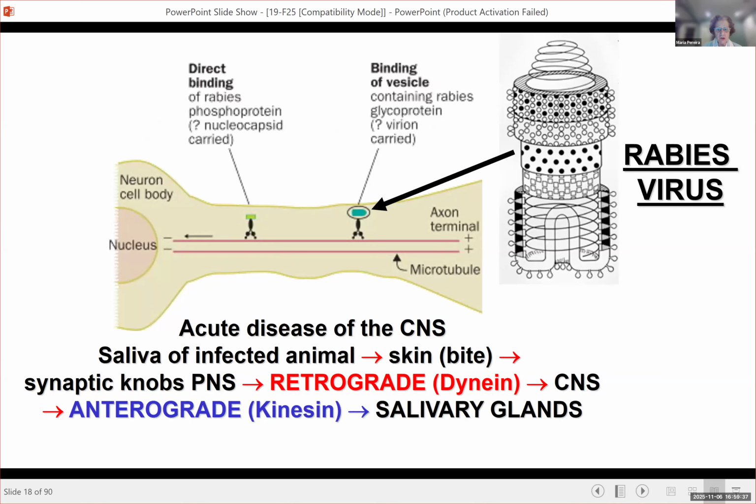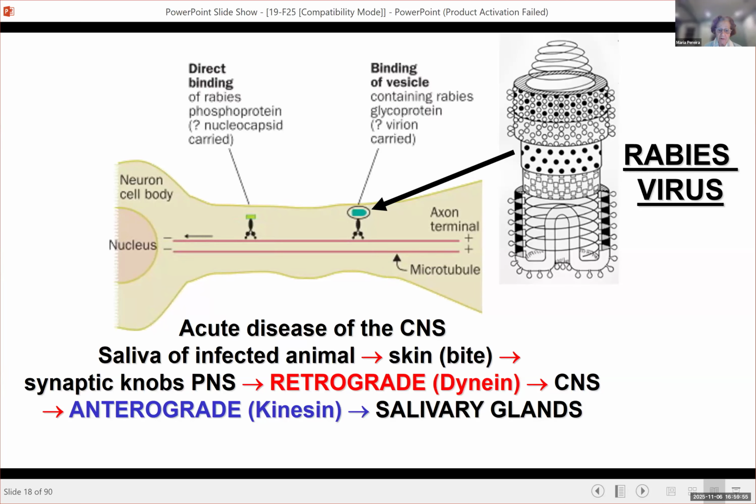And this is just showing the rabies virus, very, very complex. So when someone is bitten, the virus enters through the axon terminal and is transported via dynein all the way to the cell body.